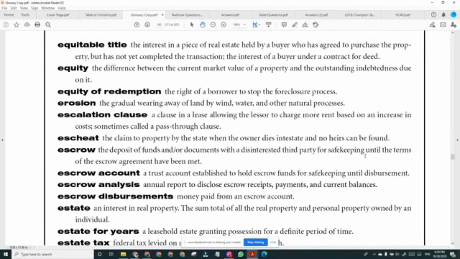Yet somebody that was taking care of them or another friend said, hey, he told me that I was going to get the property when they passed away. Well, if there was nothing in writing, then they feel cheated. That's why I said relate escheat with the word cheated of owning a property. So it goes to the state.